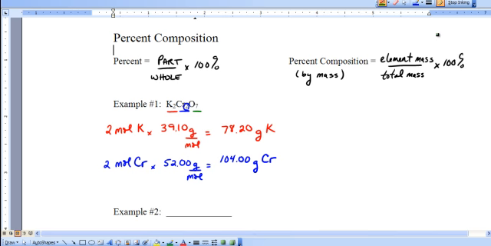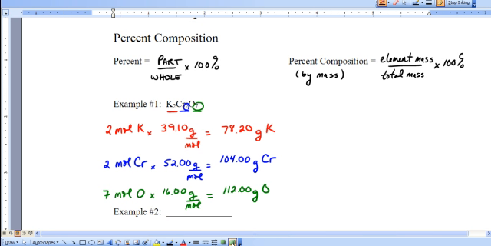And with the oxygen, we have 7 moles of oxygen, getting it from right here. Each mole of oxygen weighs 16 grams. And so 7 times 16 gives you a mass of 112 grams of oxygen.